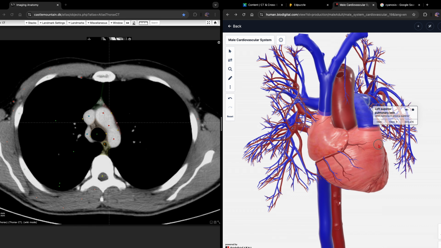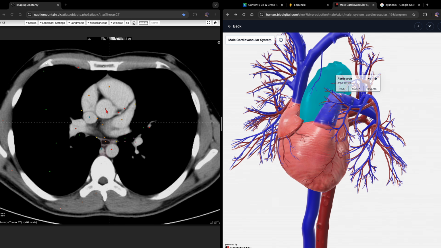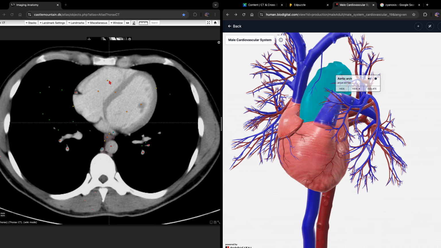Okay, so now we can see that's the aorta, the arch of the aorta, and that's the arch of the aorta here. This whole thing is the arch of the aorta, and that's coming out of the heart. So that's the ascending portion, and that's coming out from the left ventricle, which is over here. So that's the left ventricle, right ventricle, interventricular septum.